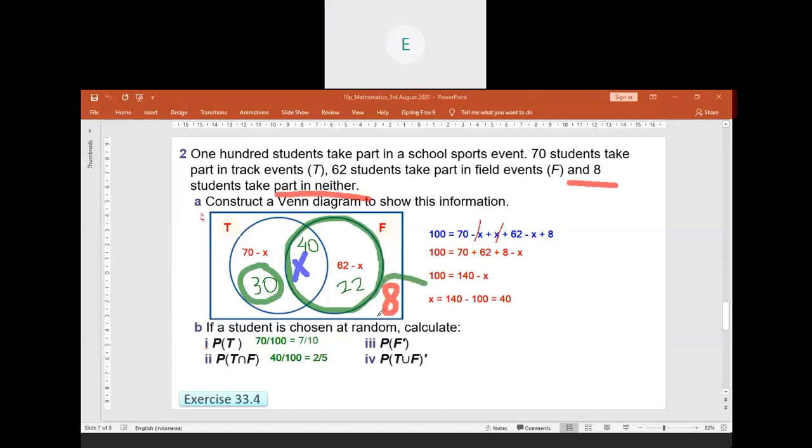Is number 8 also outside the circle F? Yes. Is 40 outside F? No. Is 22 outside F? No. So how many are there in total that are outside F? 38. 38.